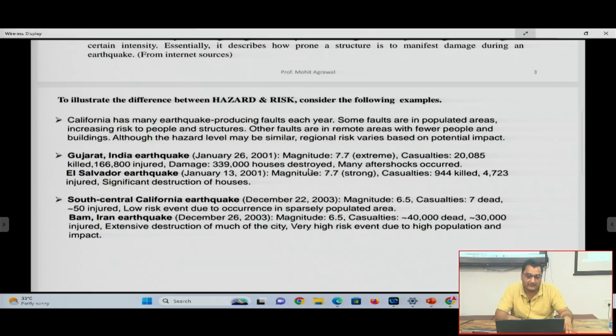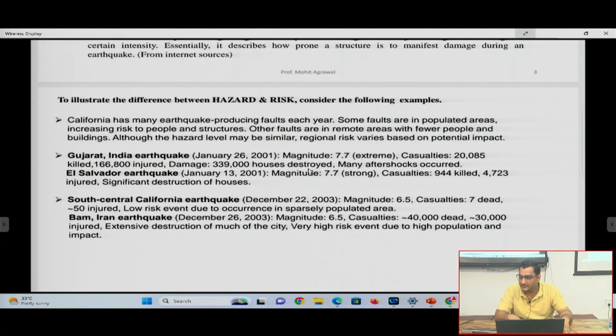There you can also take another example, the Gujarat earthquake that happened in 2001. The magnitude was 7.7. It caused a lot of casualties, around 20,000. 166,000 people were injured. There was damage to many houses, and many aftershocks also occurred due to that earthquake. And if you compare it with the similar magnitude earthquake of El Salvador, which happened in the same year, the casualties were much less.